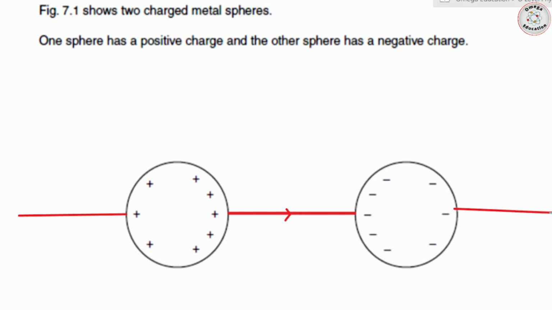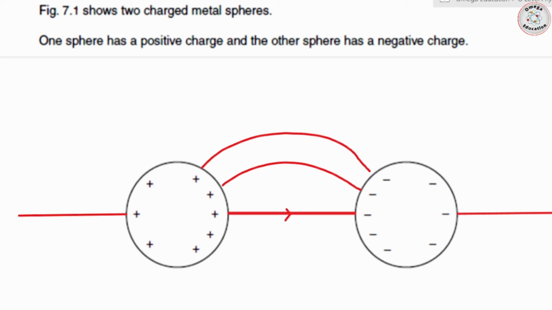All right, and then there has to be a line from the positive towards the negative. And when you're drawing these lines, you need to ensure, first of all, the direction of the field lines, from the positive towards the negative, also from here from the positive towards the negative.